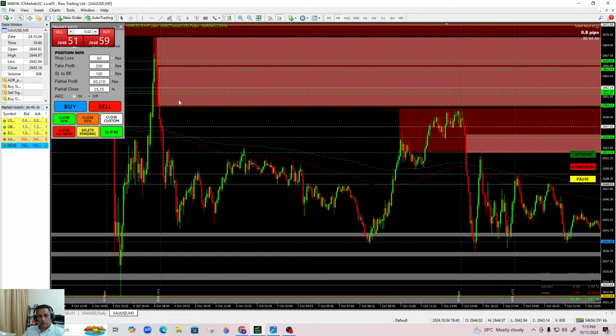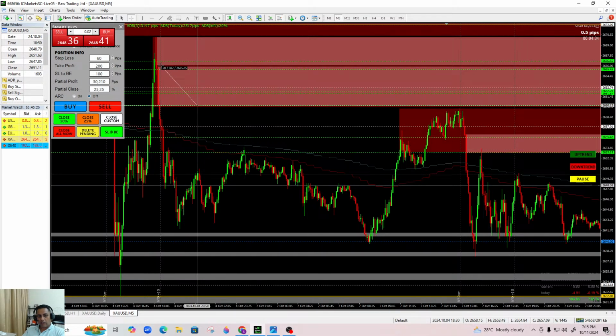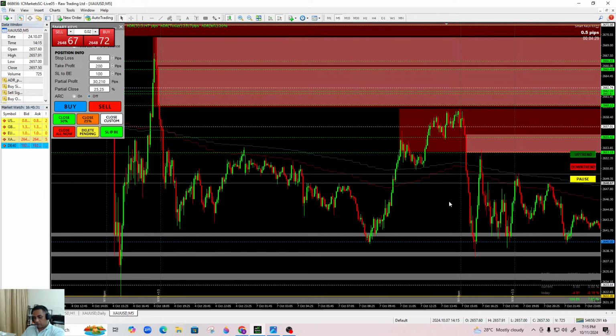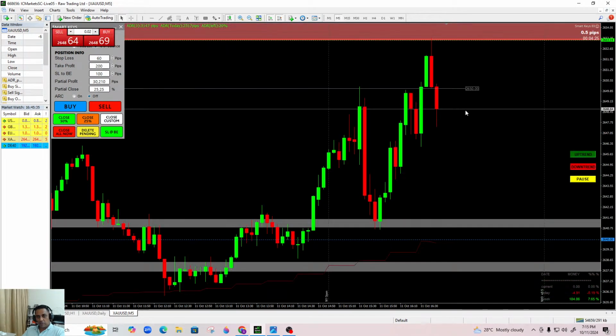It's never come to that candle. 2660.13. We've never come to that price point. That's the candle I would want to take a sell trade on, not here. Even though we are pushing down, this is probably just a pullback to continue higher, right? Yes, we did drop 56 pips, but for the reasons that I said, I'm not going to take a trade there.